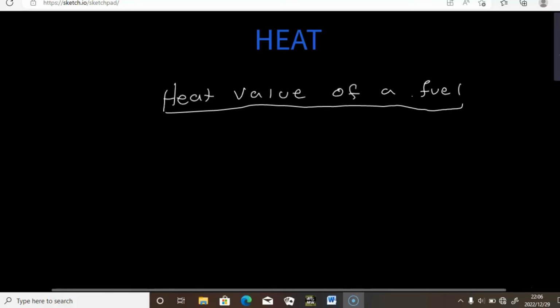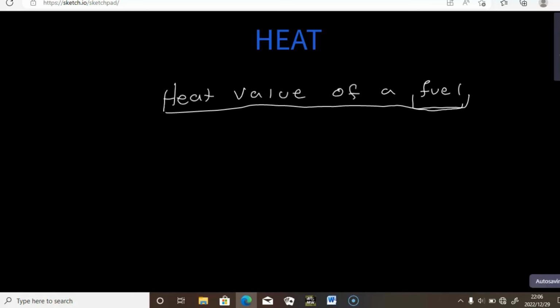So what is fuel? Let's start there. What is fuel? Fuel is a material or a substance that is burned to produce heat.